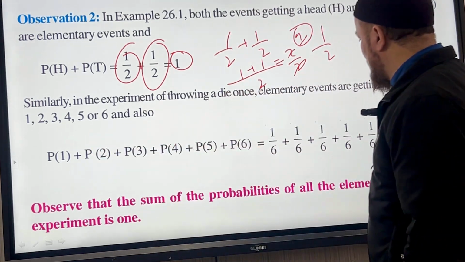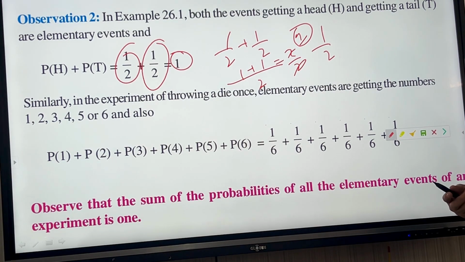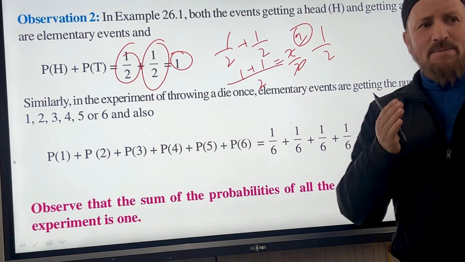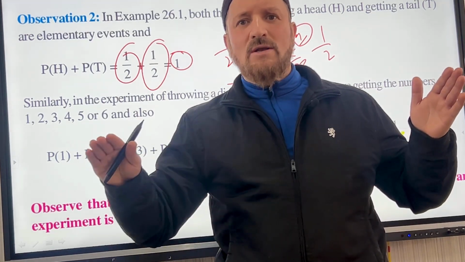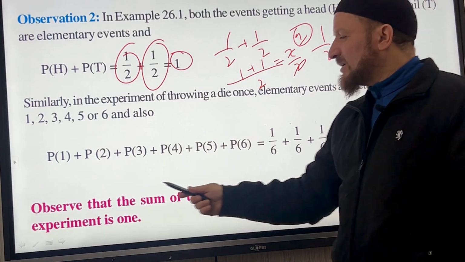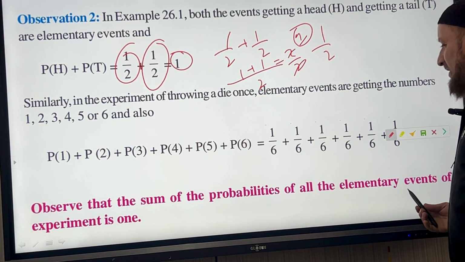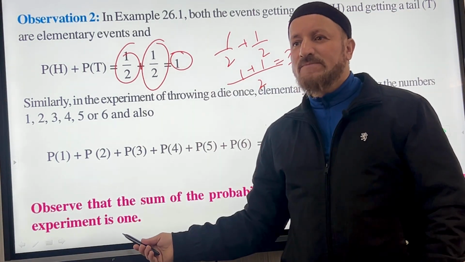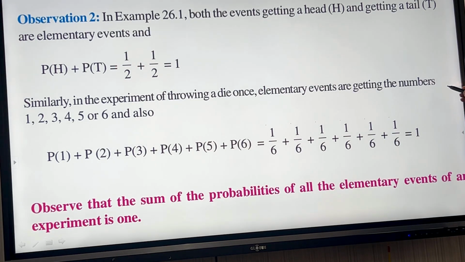If we add all of them together, it will be 6 by 6, that is 1. यानी कि जितने भी elementary events होंगे, उनको सम करेंगे, 1 ही आएगा. ठीक हो गया? So that means what we observe, the sum of the probabilities of all the elementary events of an experiment is 1, remember that. Got it? Very simple, na?